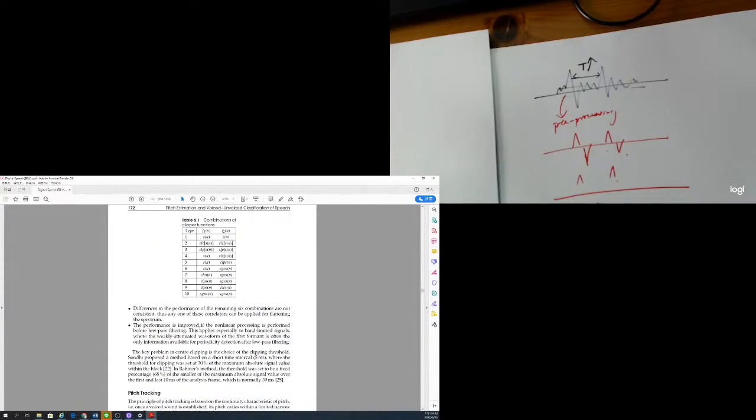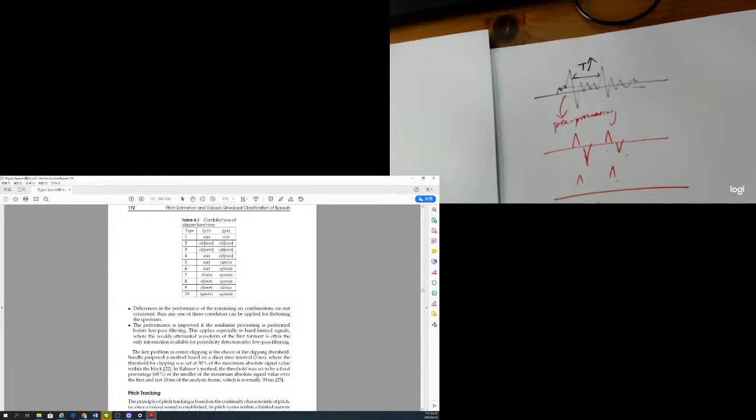So this is what they did. The key problem in center clipping is the choice of clipping threshold, so how to determine the threshold is very critical. The threshold for clipping is set around 30% of the maximum absolute value, as some papers propose.